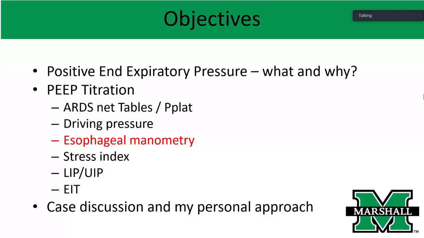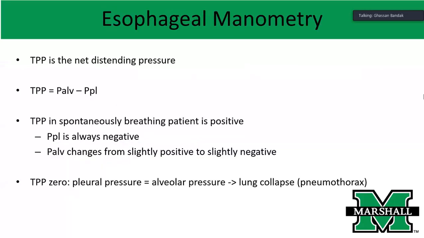Okay? So esophageal manometry. First, let's remember, the transpulmonary pressure is the net distending pressure on the lung. You can measure that by subtracting the pleural pressure from the alveolar pressure. In a spontaneously breathing patient, the transpulmonary pressure is positive because the pleural pressure is always negative. The alveolar pressure changes from slightly positive to slightly negative.